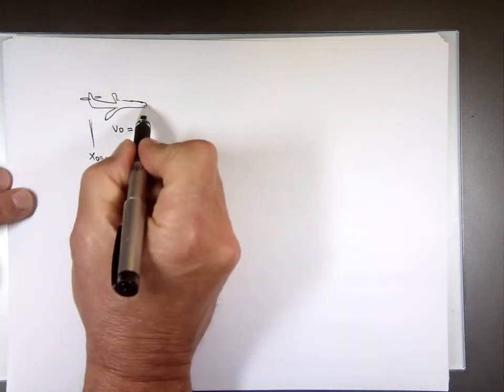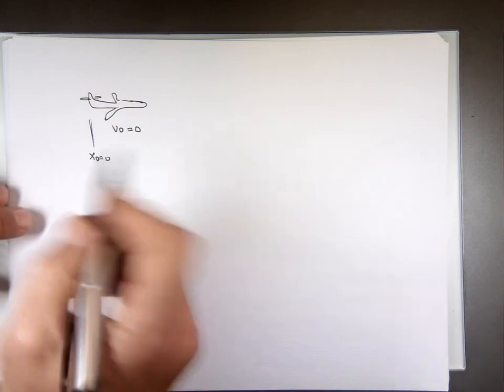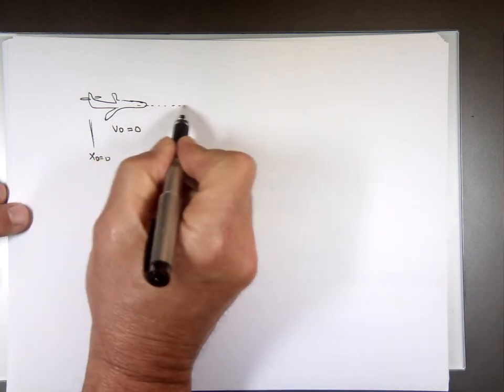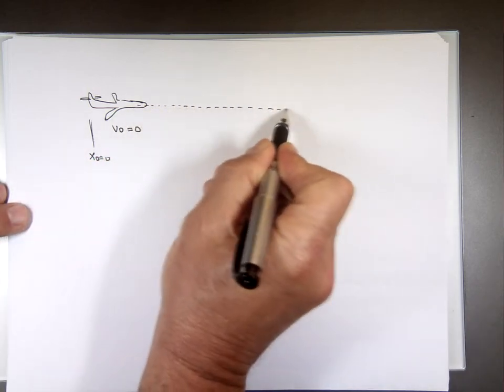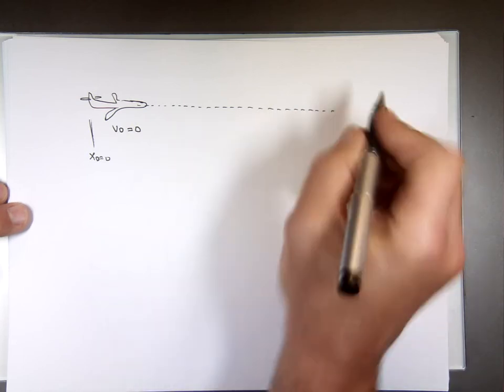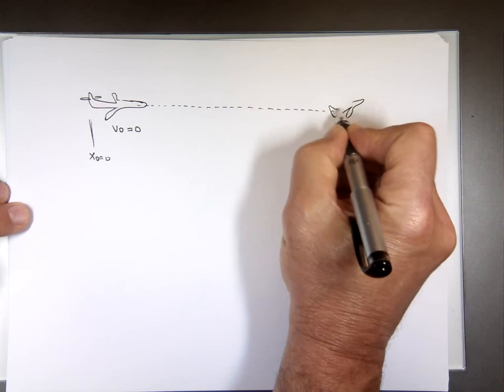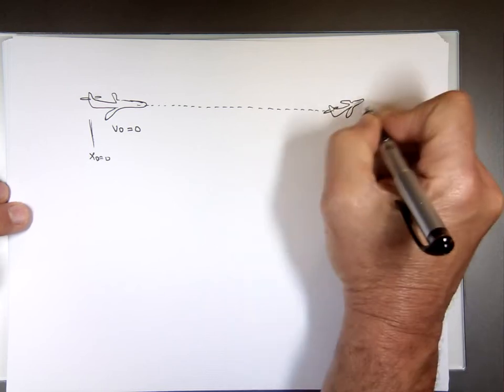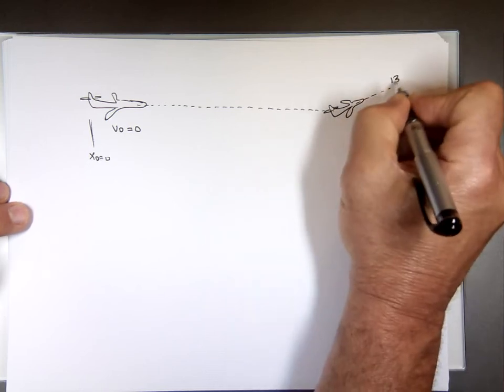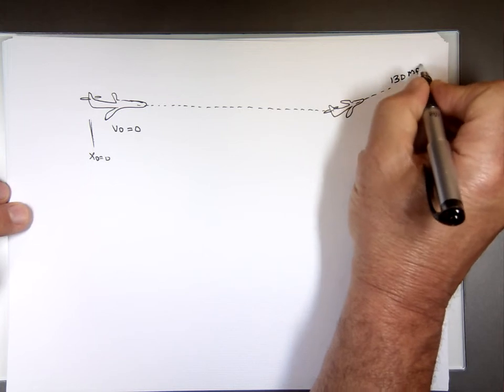Then, okay, it's clear for takeoff, so the plane starts to move on the runway, start to pick up speed. And once it hits about 130 miles per hour, so this is roughly 130 miles per hour, the plane rotates, start to take off.